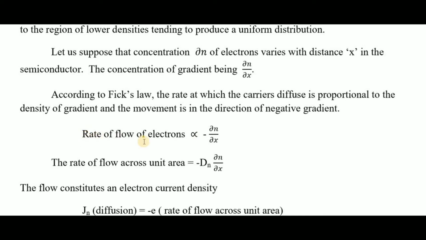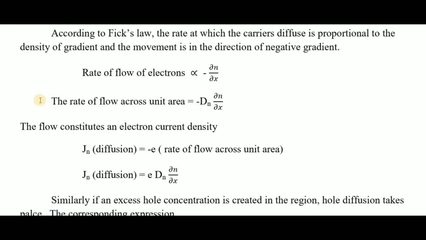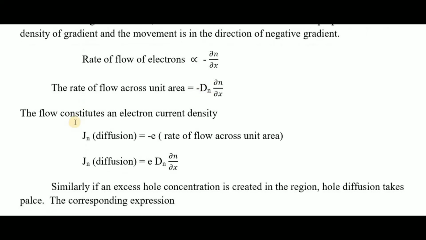So the rate of flow of electrons is directly proportional to minus dou n by dou x. The rate of flow across unit area is equal to minus Dn into dou n by dou x, where Dn is called the diffusion constant of electrons. N means negative charge, that is electron.